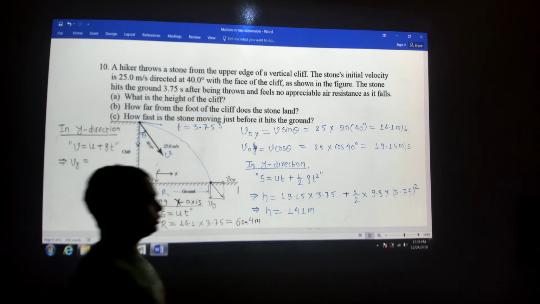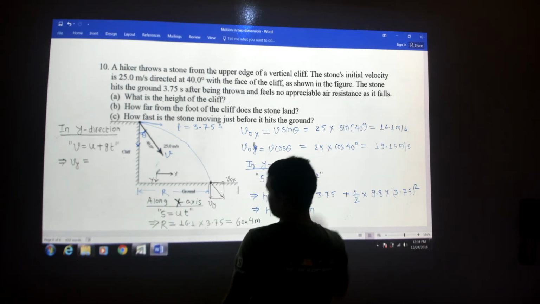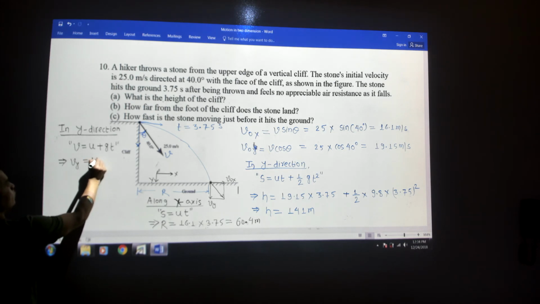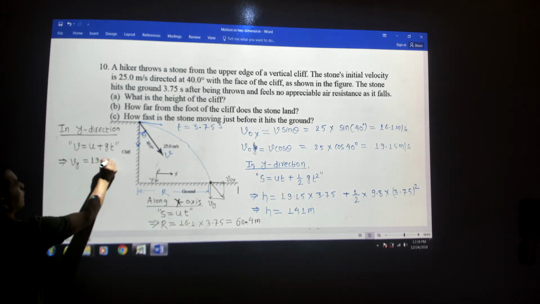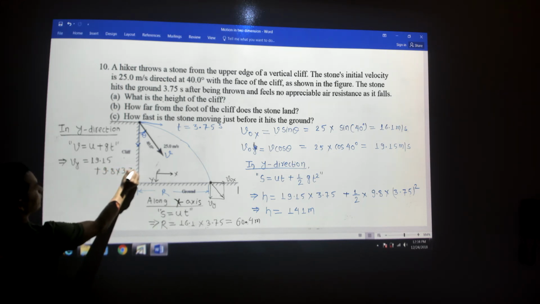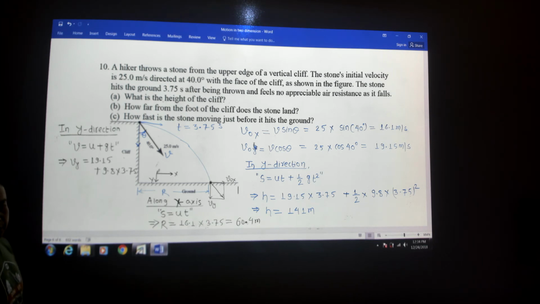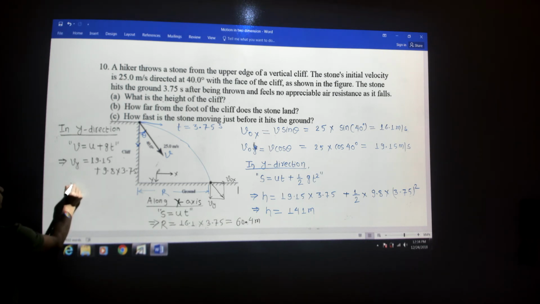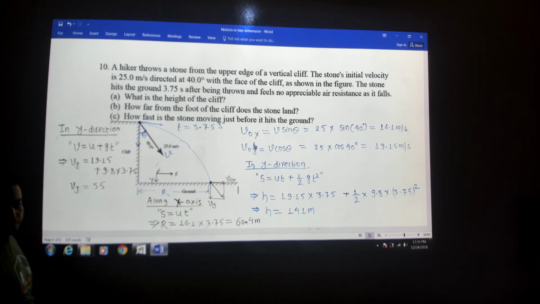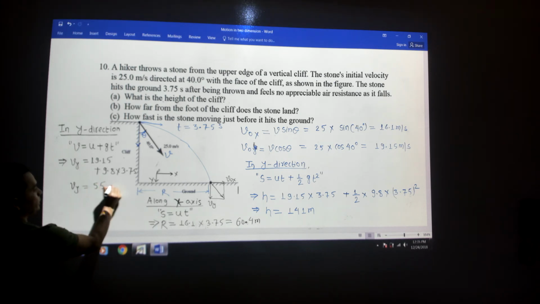And we know that the initial velocity along the y direction is 19.15, plus g is 9.8 and the time is 3.75. Just plug in all the information here and you will get vy as 55.9 meters per second.